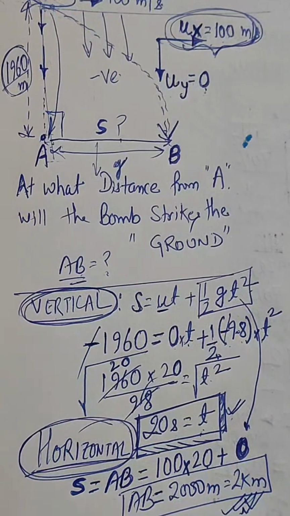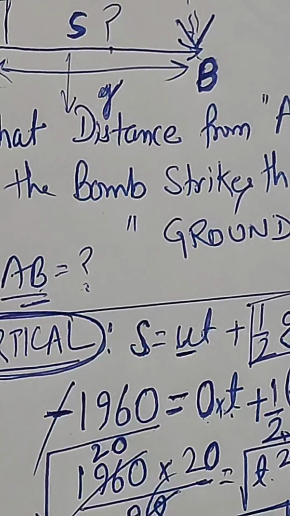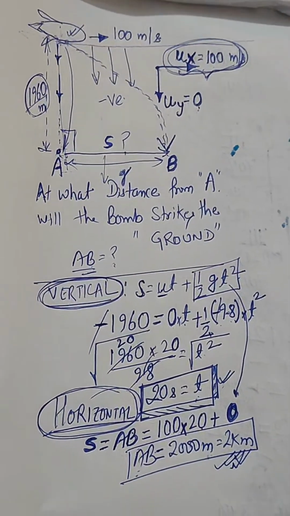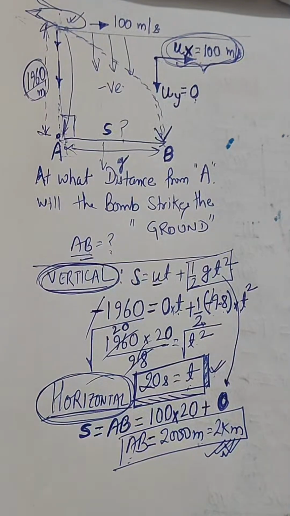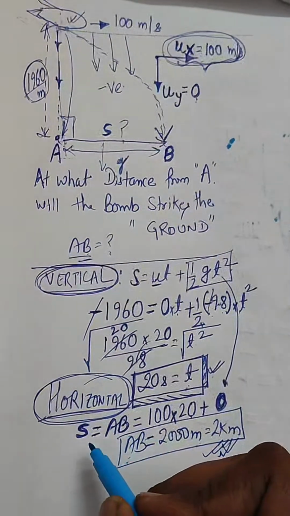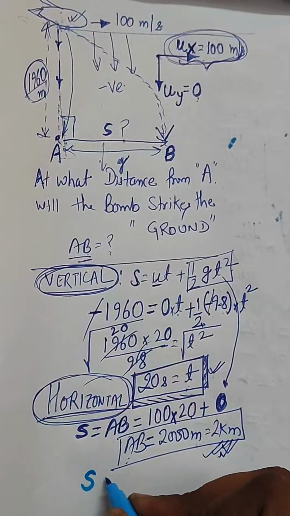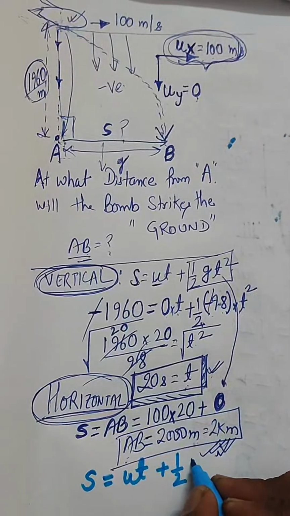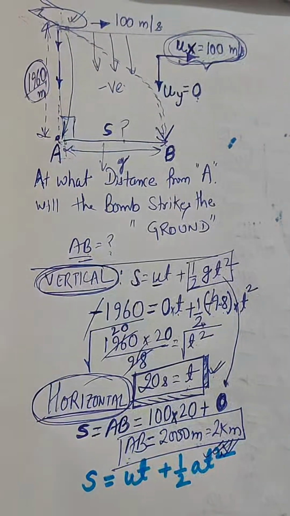If I say which formula I have used over here, then yes, the formula s equal to ut plus half at square is the only formula which I have used, right? If you want, I can show you. Okay, let me reflect it again. If you consider the vertical direction, what is the formula you have used? s equal to ut plus half at square, right?